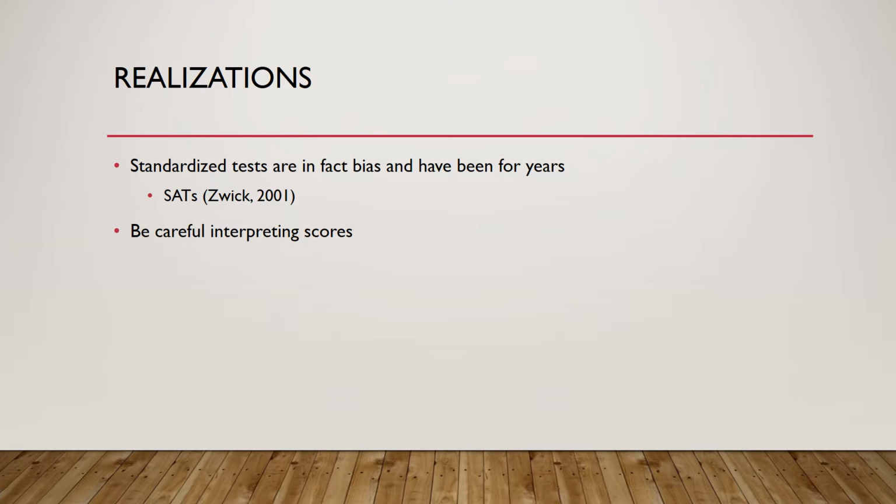So in terms of realizations for me as I was working through this research, it hit me that standardized tests are in fact biased and that they have been for years.